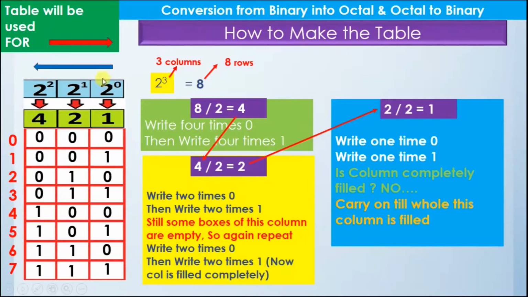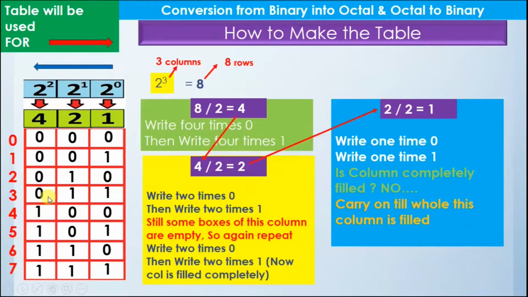As we know, the value of this column is 1 because 2 raised to power 0 is 1, and 2 raised to power 1 is equal to 2, so the value of this column is 2, and 2 raised to power 2 is equal to 4, so the value of this column is 4. If the box under 4 is 1, the value of this box is 4, and if it is 0, the value is 0.